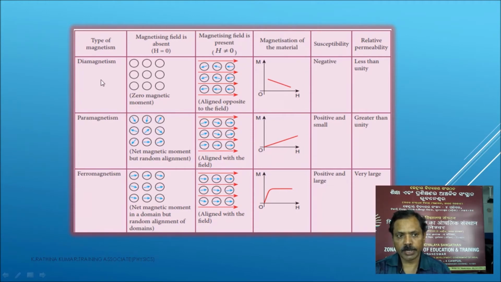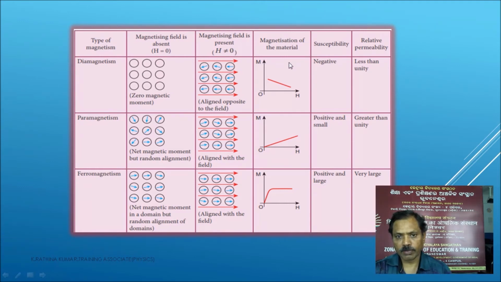They are classified into diamagnetic, paramagnetic and ferromagnetic. For diamagnetic, zero magnetic moment, and when the field is applied, the magnetization is opposite to the direction of the magnetic field. In paramagnetic, it is aligned with the field, in the same direction, and in ferromagnetic it is also aligned with the magnetizing field.